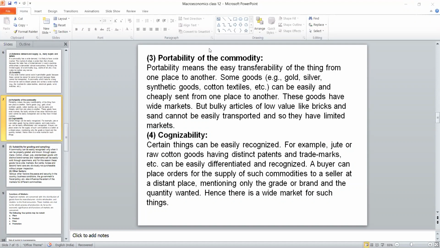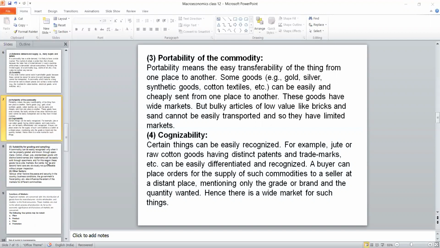Take Kanjipuram silk: because Kanjipuram silk is recognized, they have the pattern, and those goods can be tested and you can order and get the supply from anywhere in this country. So the grading or branding definitely will increase the size of the market.